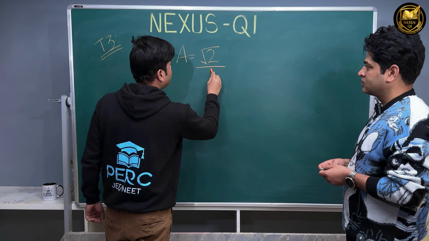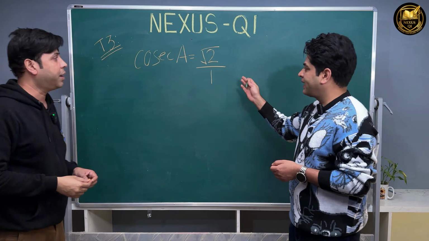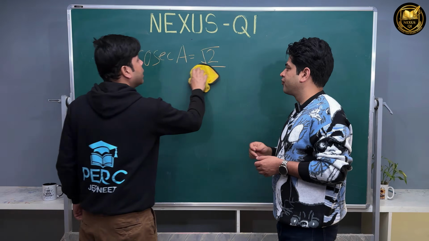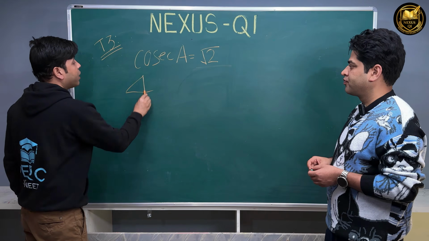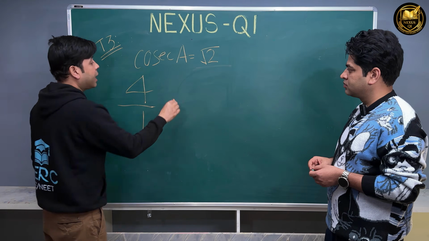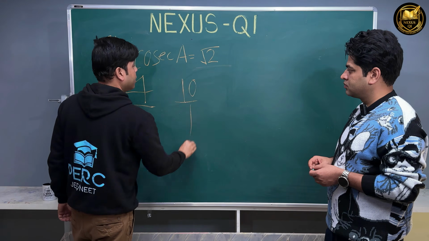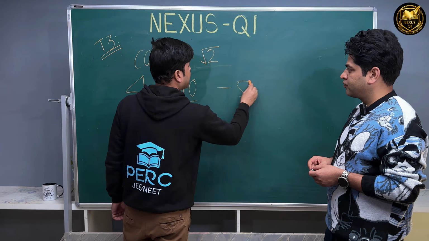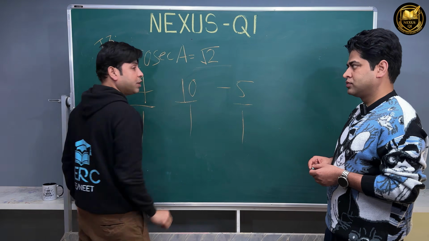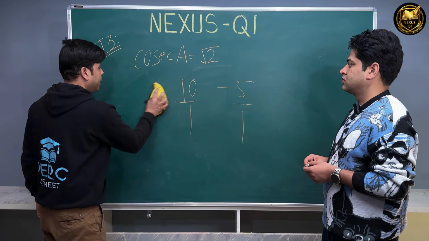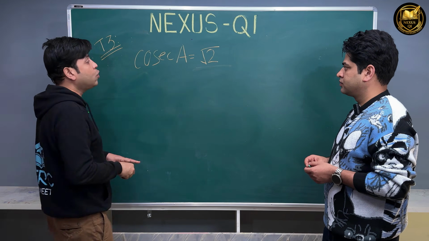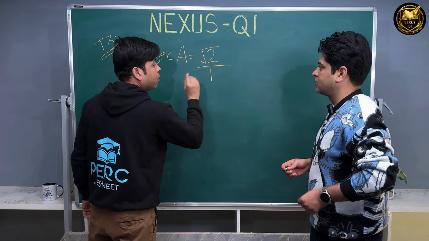The question actually comes down to root 2 by 1, meaning they hide the denominator. Take any number: 4 is nothing but 4 by 1, 10 is nothing but 10 by 1, minus 5 is nothing but minus 5 by 1. The 1 is hidden, we don't write it because it is understood that 1 is below. In the same way, root 2 is actually root 2 by 1.